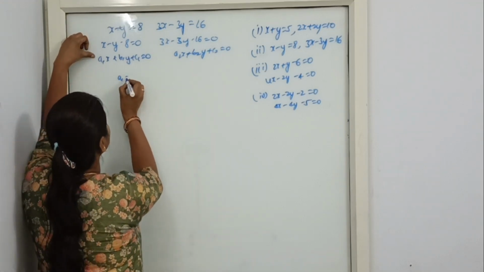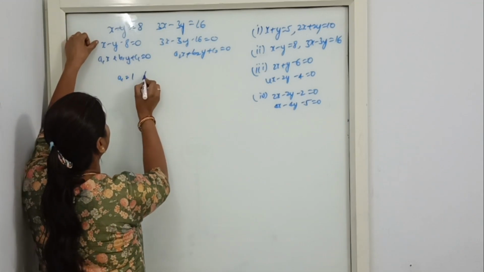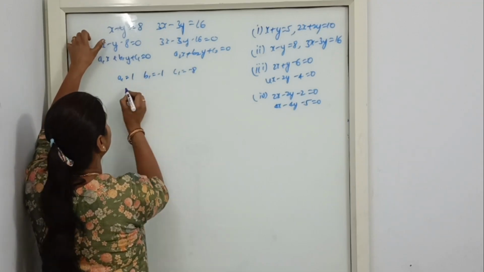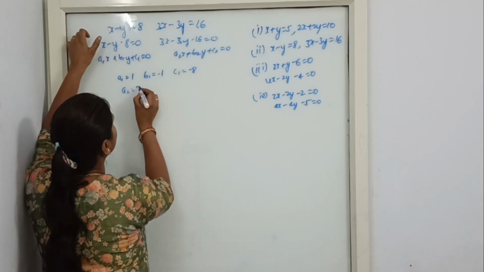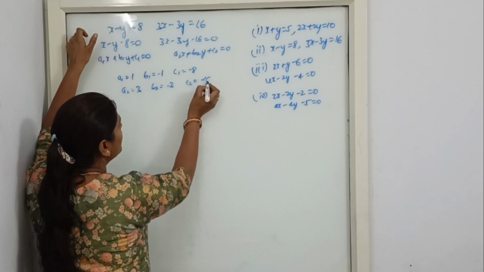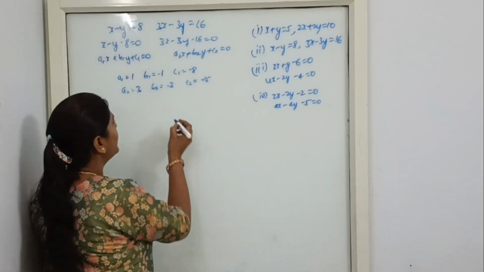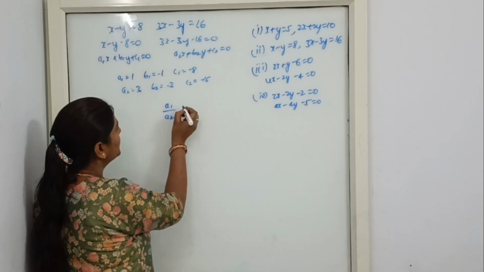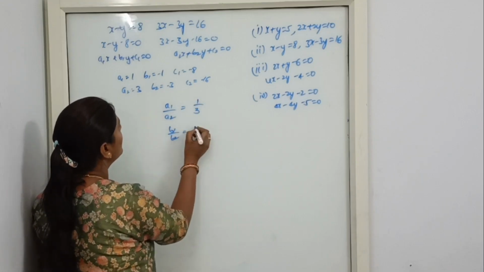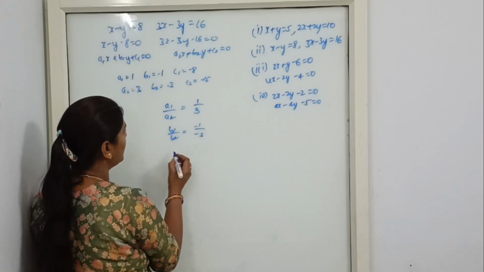So a1 is 1, b1 is minus 1, c1 is minus 8, a2 is 3, b2 is minus 3, c2 is minus 16.